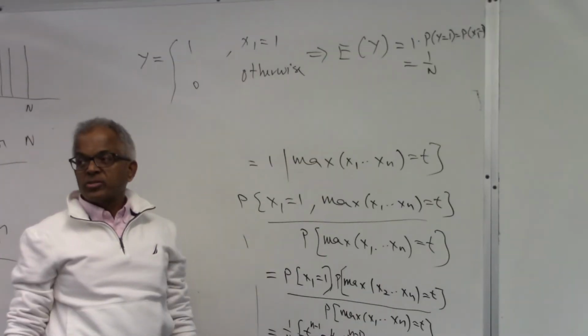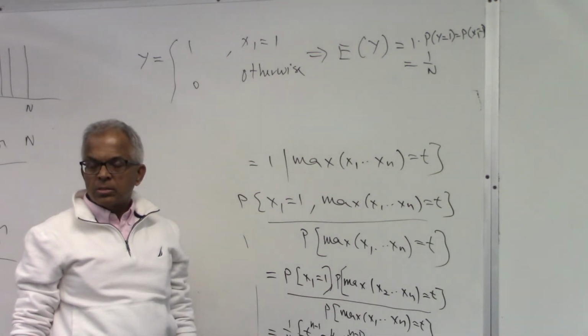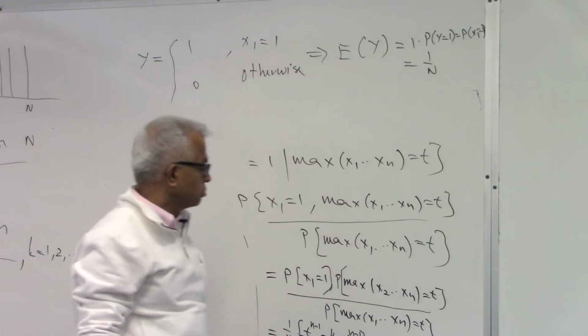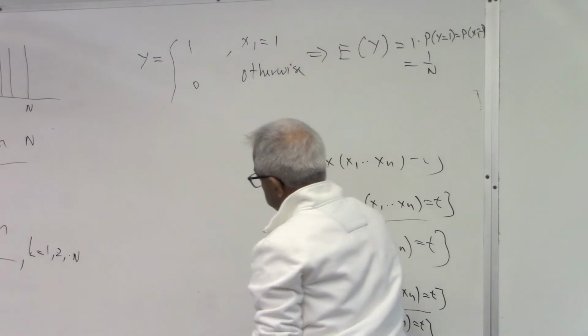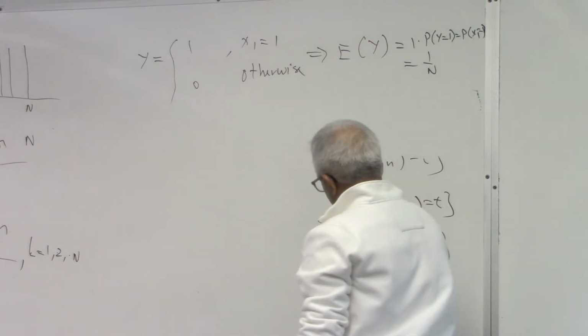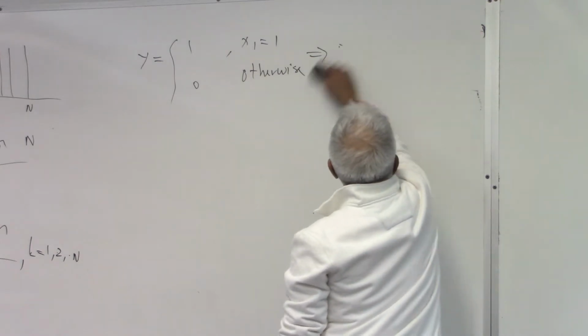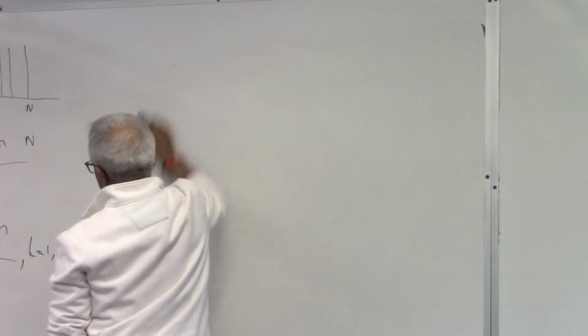Can you give me an unbiased estimator for n? Anyone? Because then we can use the Rao-Blackwell theorem to tighten it.